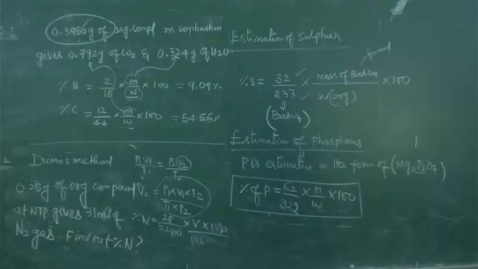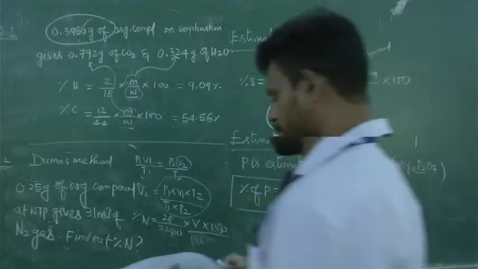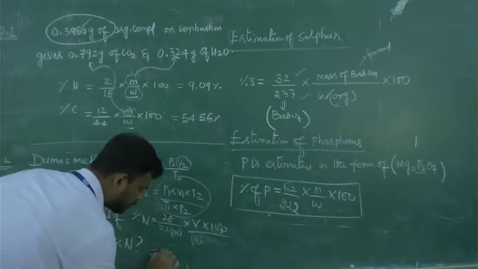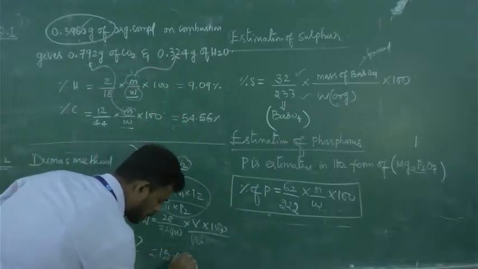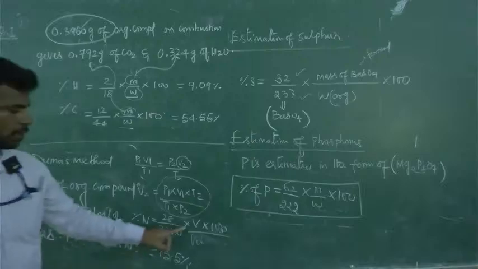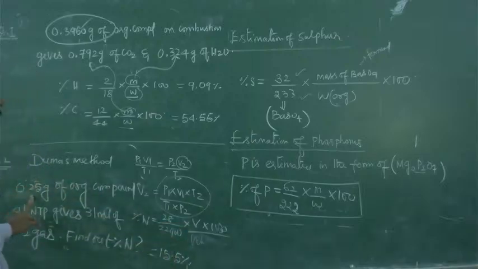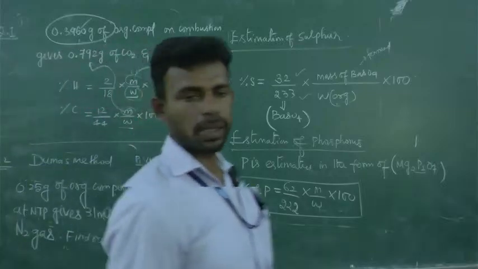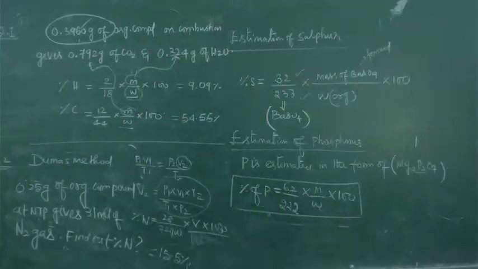So the answer for this is going to be 15.5%. Check. The volume is 31, and the weight of the organic compound is 0.25. Divide and bring the answer. So you will get the answer. Only formulas, just remember the formulas.